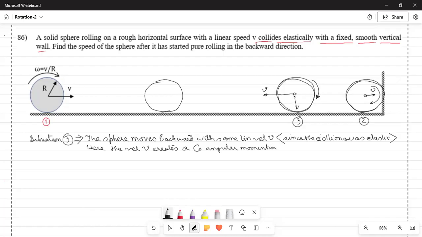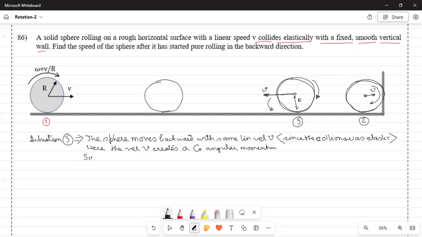Because this is the radius r, and this velocity is v, with this motion in this direction, the momentum mv multiplied by r creates an anti-clockwise angular momentum. And it is said in the question that this rotation is going to stop at some point. So definitely the reverse angular momentum created by v is more than the original angular momentum related to omega.